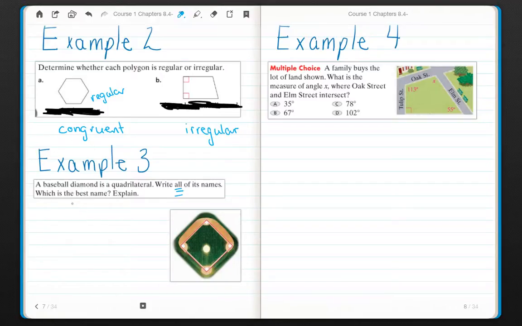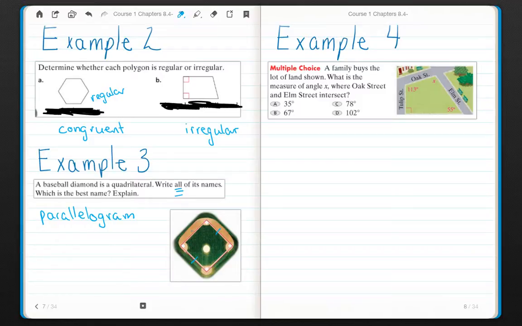So, if we look back at our list, we have parallelogram, trapezoid, rectangle, rhombus, and square. So, this is a parallelogram. And it is a parallelogram because it has 2 pairs of parallel sides.